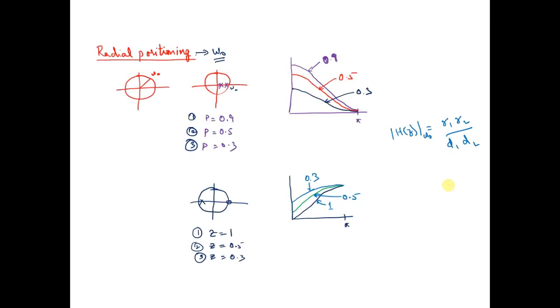Now coming to the radial positioning. While discussing the placement of the poles and zeros in the S-plane, we discussed that when we place the poles or the zeros across the real axis, there would be a change in the amplitude response.